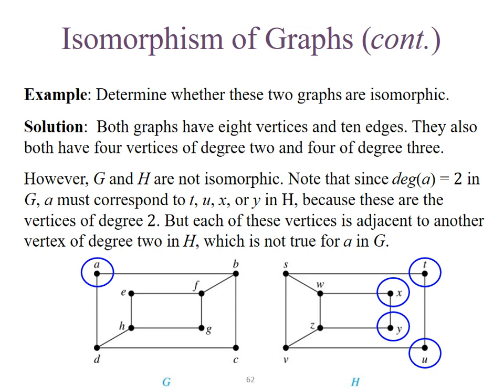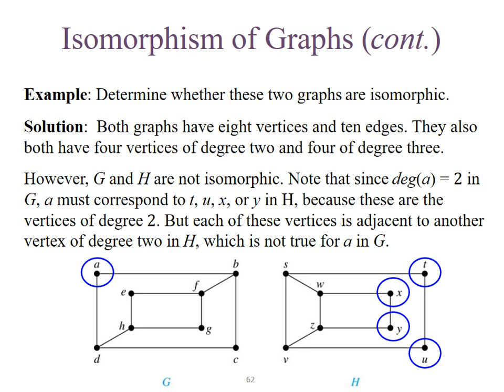You can see the degree sequence is also the same, because for graph G we have degrees 3, 3, 3, 3, 2, 2, 2, 2, and for the graph H we also have 3, 3, 3, 3, 2, 2, 2, 2. So the degree sequences for both graphs are the same. So what else can we observe to distinguish them? Because in this case, they are not isomorphic graphs.